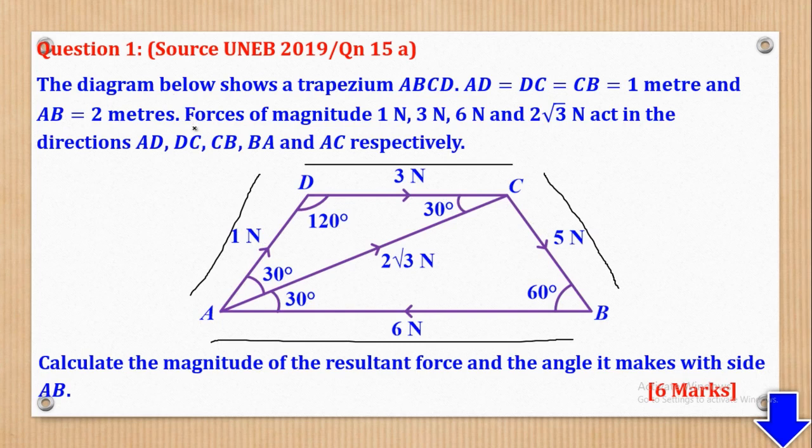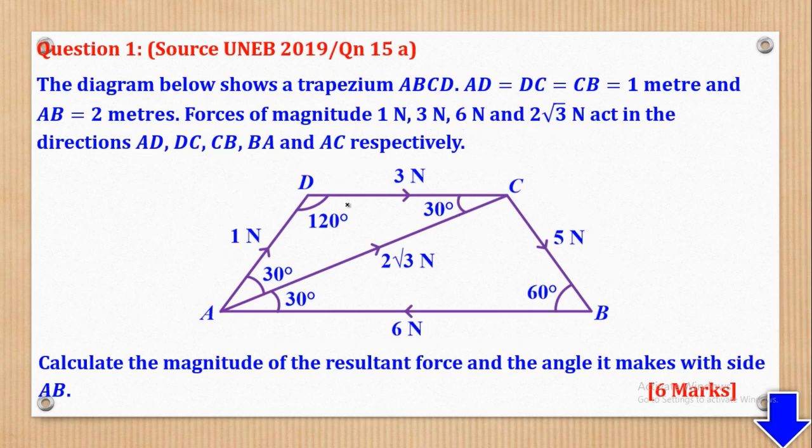Then forces of magnitude 1 Newton, 3 Newtons, 6 Newtons and 2√3 Newtons act in the directions AD, DC, CB, BA and AC respectively. So the good thing is that they drew for us the sketch of the diagram. They say calculate the magnitude of the resultant force and the angle it makes with side AB.